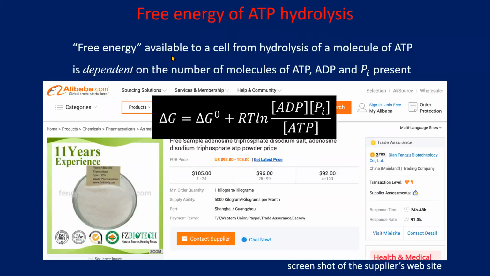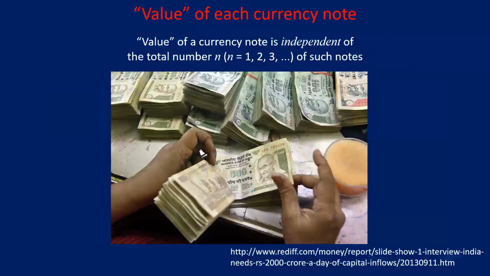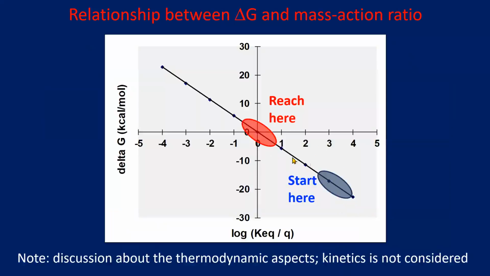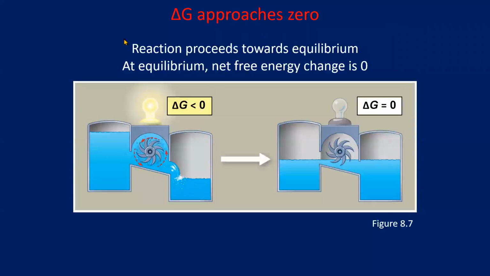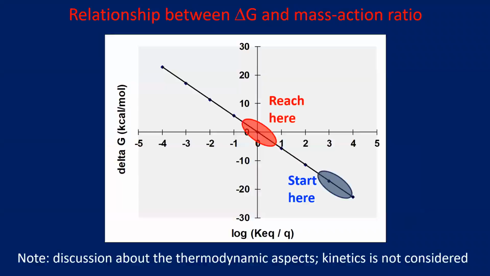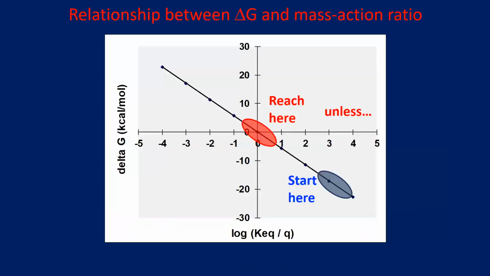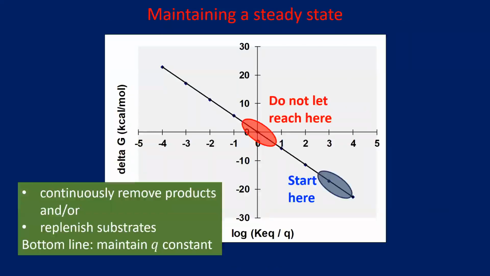If you reach from this point to this point, which is delta G 0, then the cell is not going to survive. So in order to survive, the cell has to work within this region where delta G is always negative, and that is what we are going to see in subsequent slides.